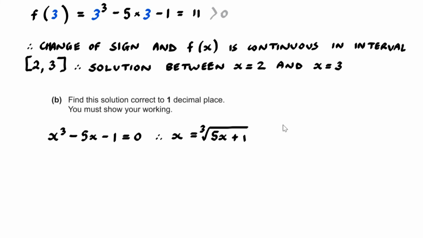So what I can now do is come up with an iterative formula to say that x n plus 1 equals 5xn plus 1, and then this result is cube rooted.